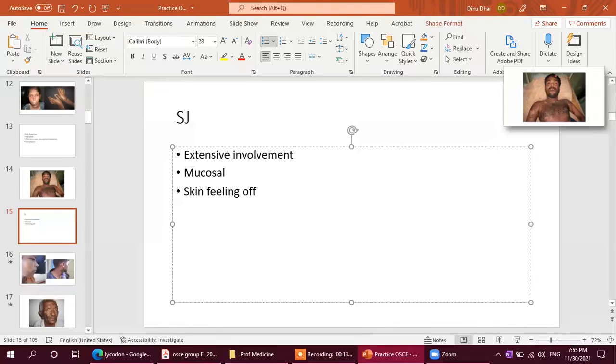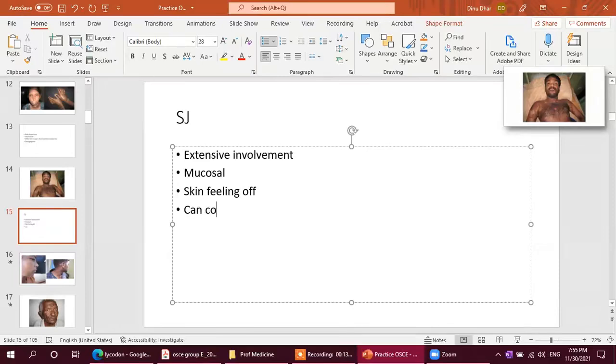Sometimes you can have Stevens-Johnson syndrome overlapping with the other severe form of skin manifestation, which is toxic epidermal necrolysis. So this is actually Stevens-Johnson plus toxic epidermal necrolysis.